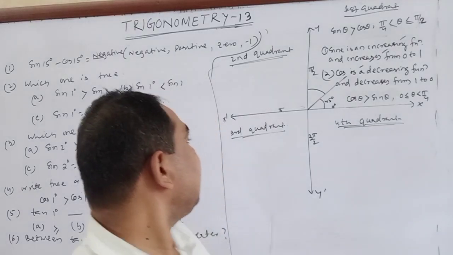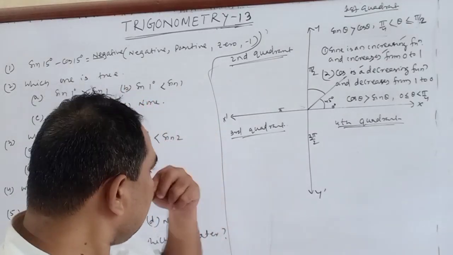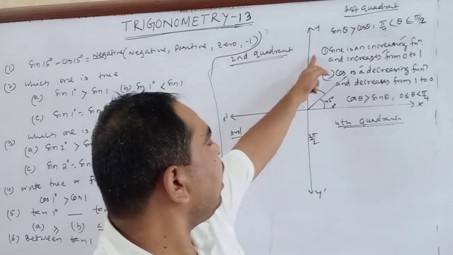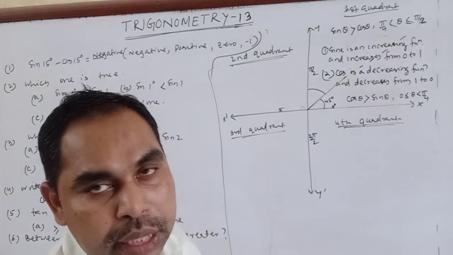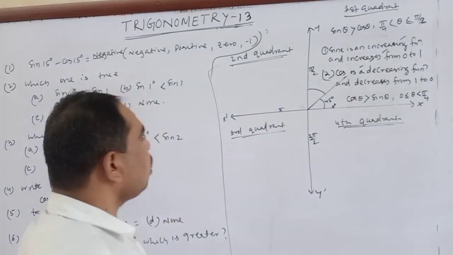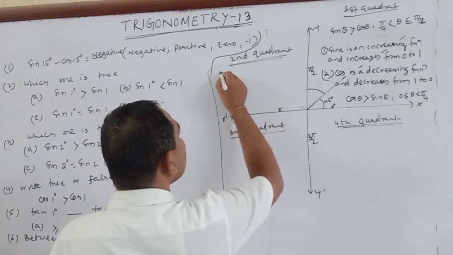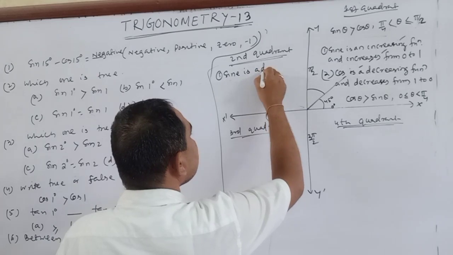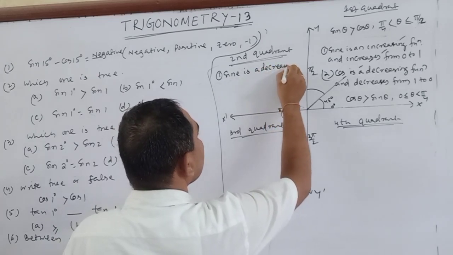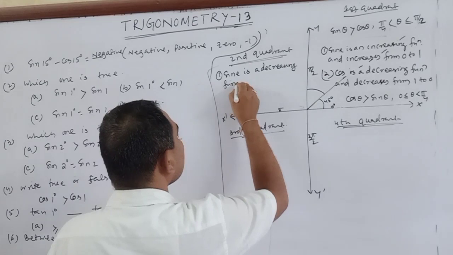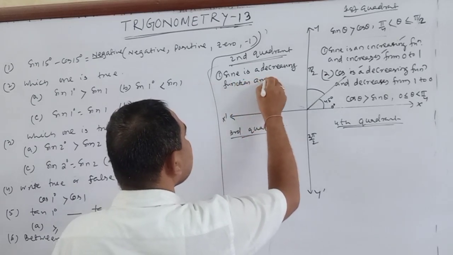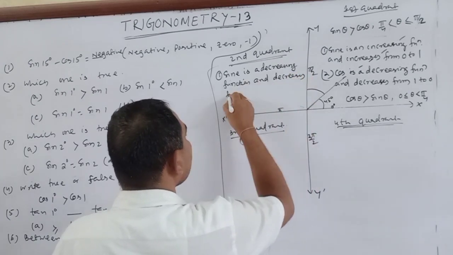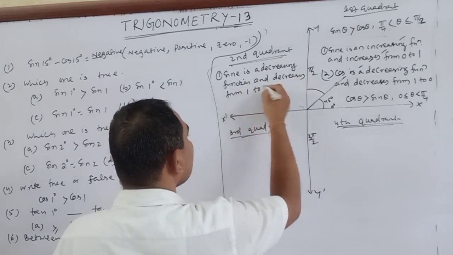Next, in second quadrant sin is a decreasing function and decreases from 1 to 0, because sin pi by 2 is 1, sin pi is 0.